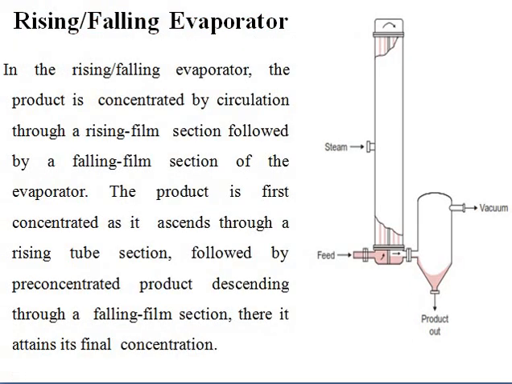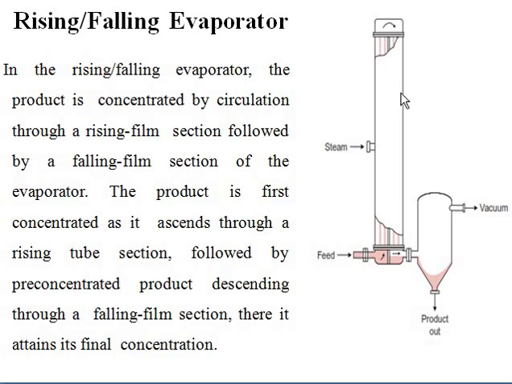Next we are moving to the rising falling film evaporator. Particularly it is a combination of the rising as well as the falling film evaporator. So from this diagram you can easily see this one is the feeding section. We are feeding our food product, and this is a demarcation. Particularly this one is the rising. From this section it is rising, and after rising it goes to this falling, clear.